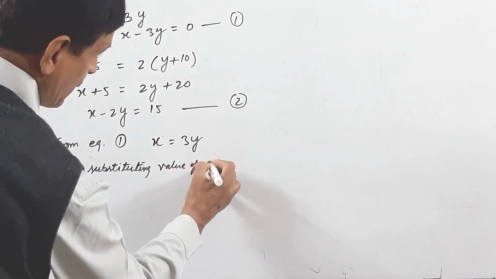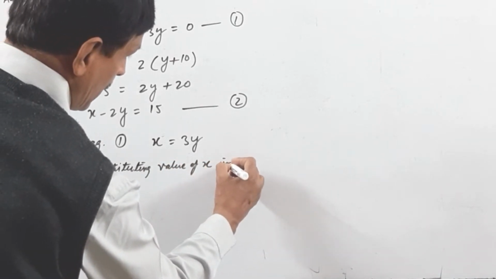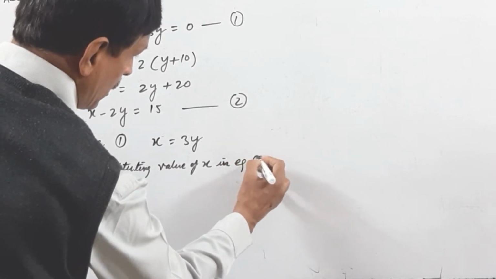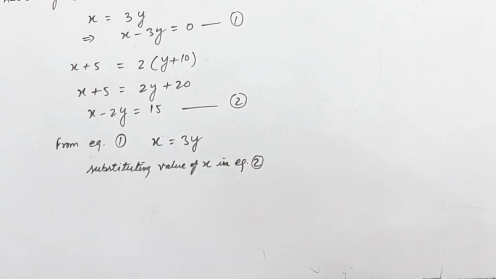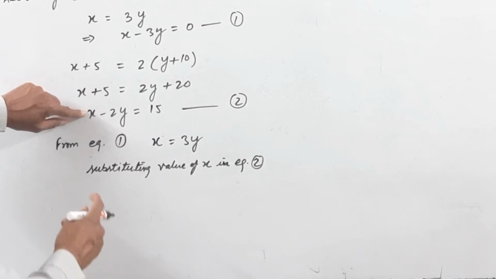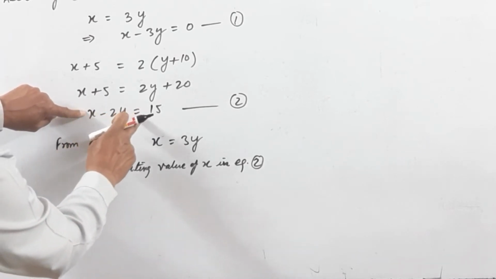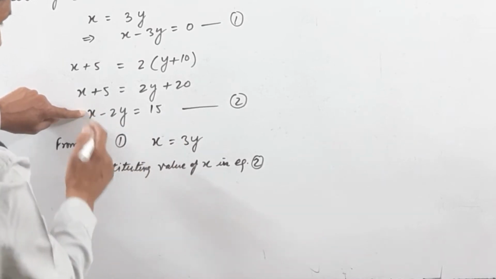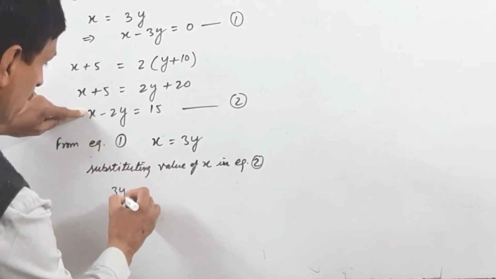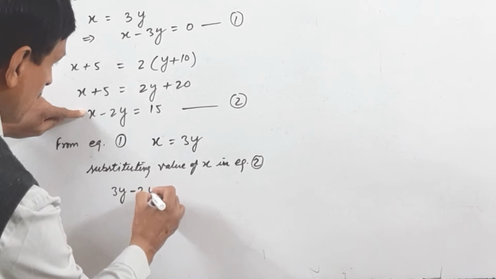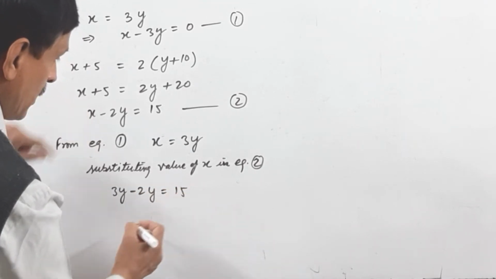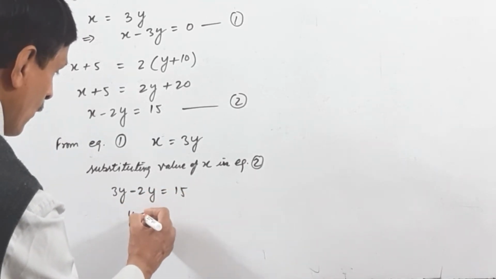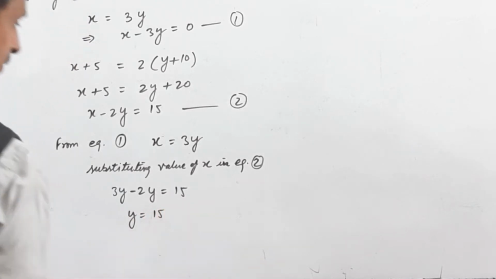So second equation, x minus 2y is equal to 15. So when we substitute x by 3y, it becomes 3y minus 2y is equal to 15, or y is equal to 15.